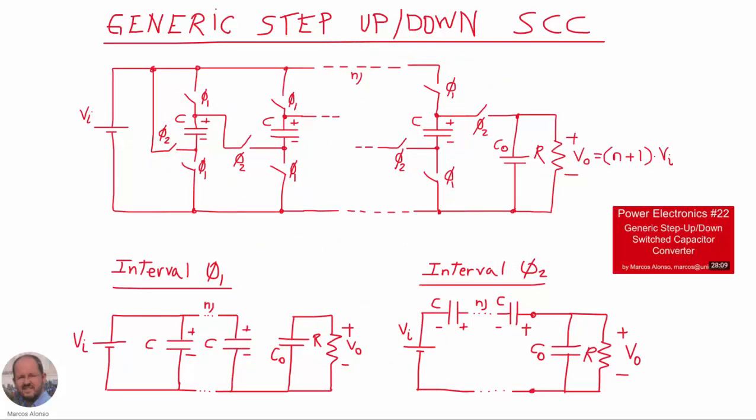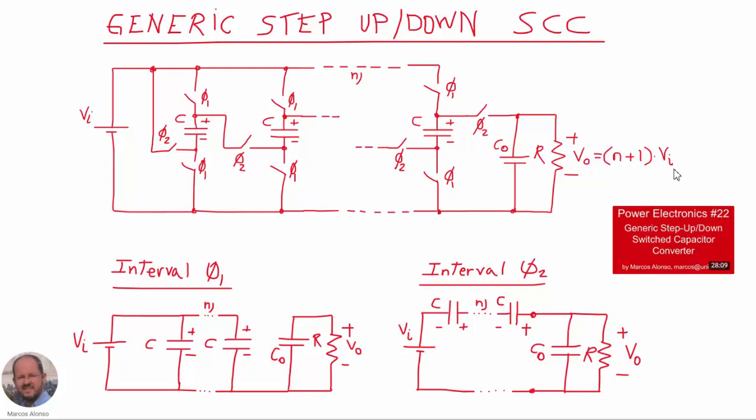We're going to take as an example the generic step-up-down switch capacitor converter that we have studied in the previous video, Power Electronics number 22, with this topology here. We know that with this converter we can get an output voltage that is going to be N plus 1 times the input voltage.